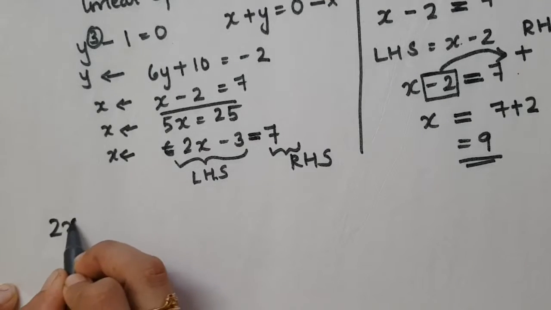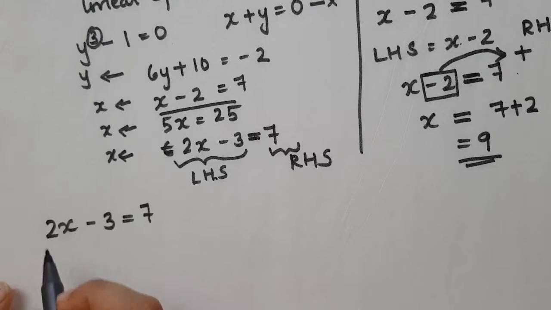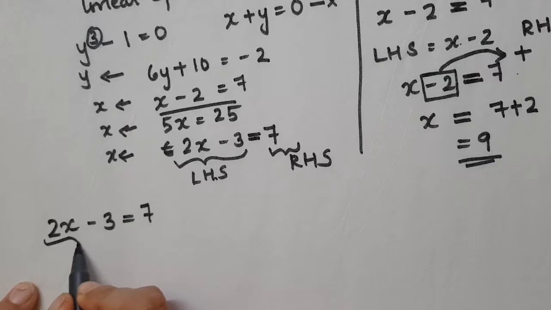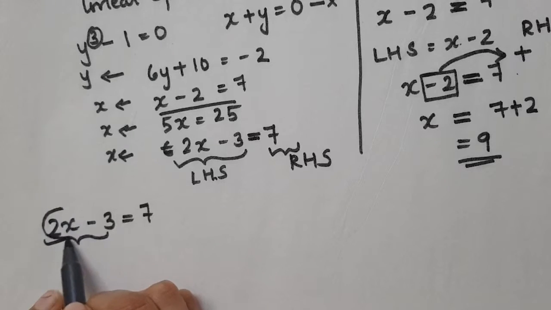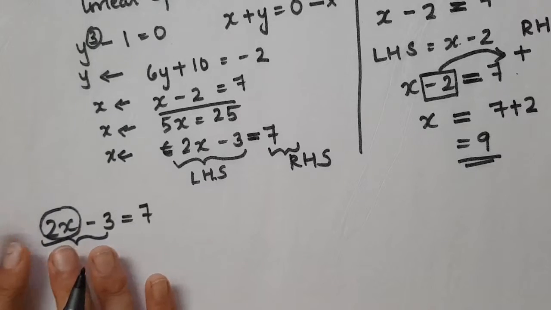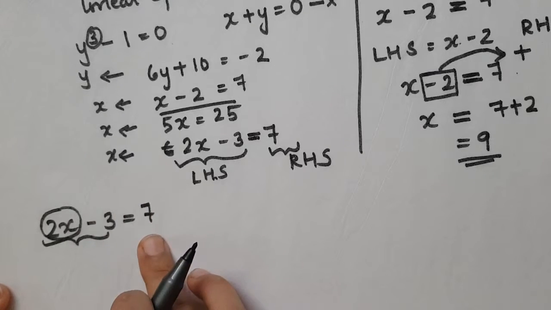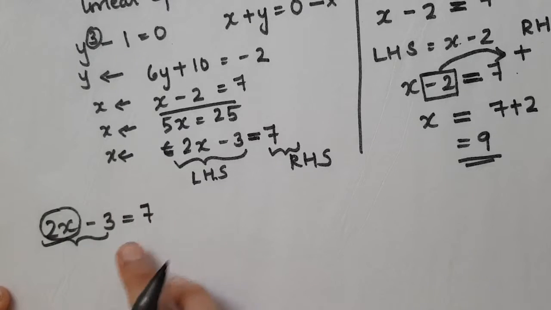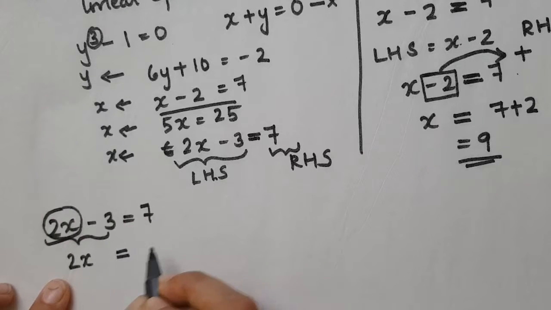Say 2x minus 3 is equal to 7. So LHS we have 2x minus 3 and RHS we have 7. As I have said earlier, we can keep the variables on the side where they are already written, and take the whole number to the other side so that we can group it and do the calculation. So let 2x be there itself is equal to 7.